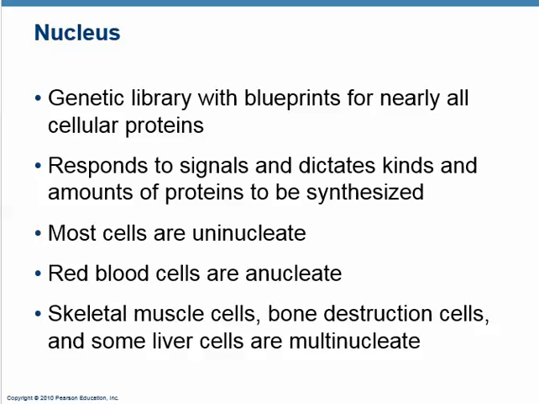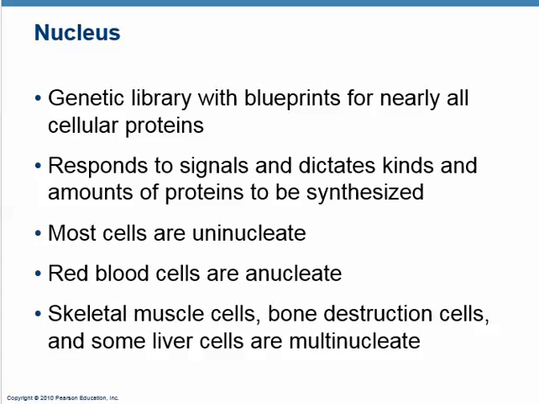And all cells do, ultimately, is make proteins. They either make proteins that are enzymes that catalyze cellular reactions, or they make proteins that are structural, or they make proteins that are functional, etc.